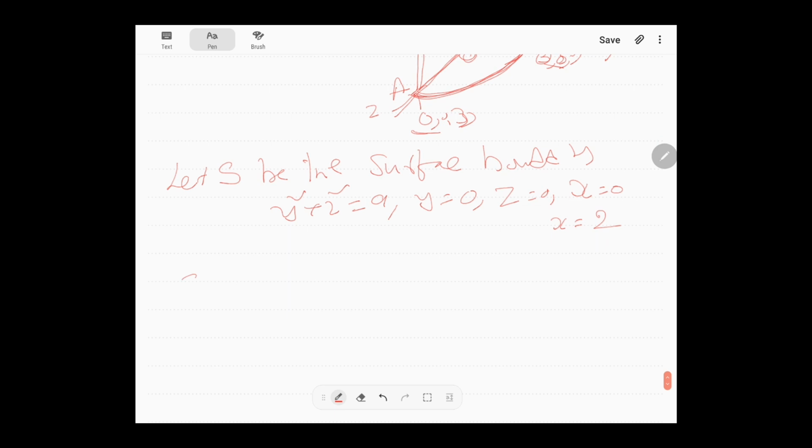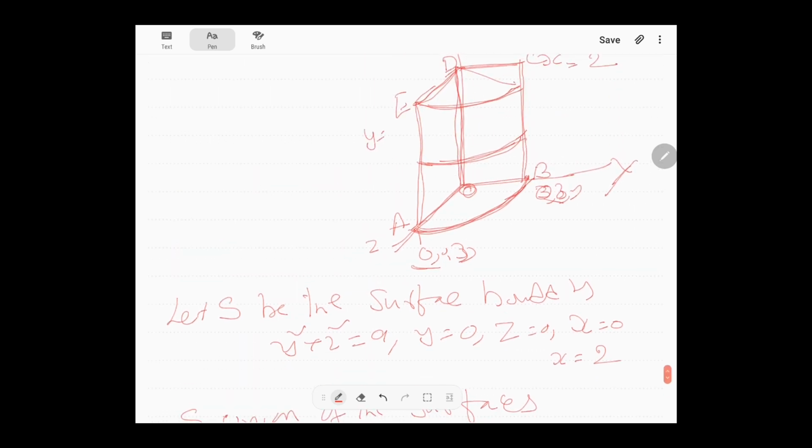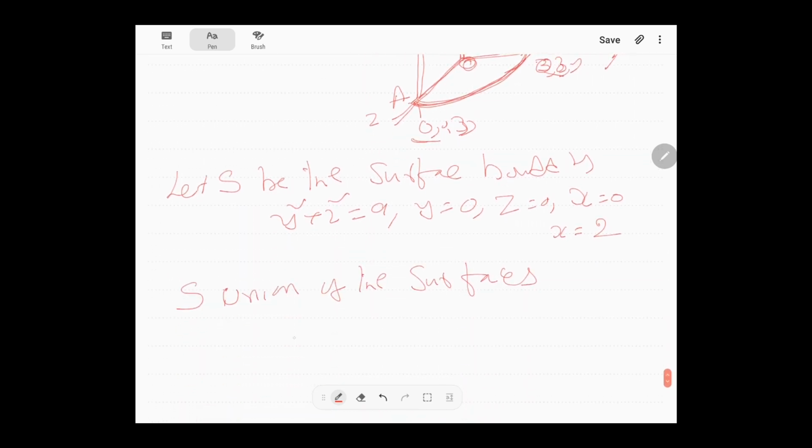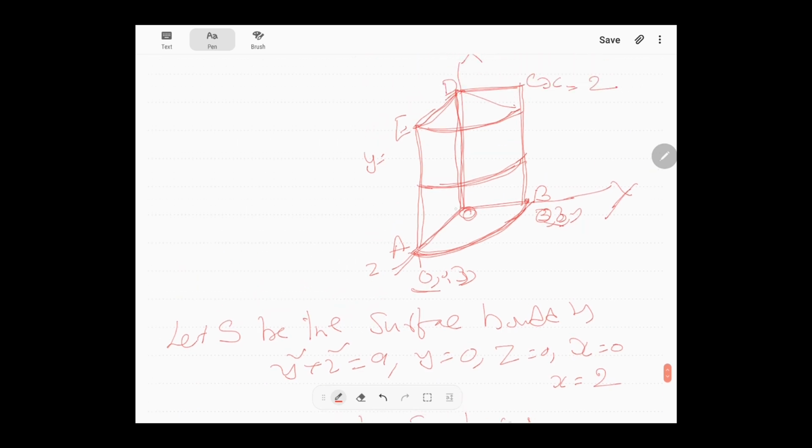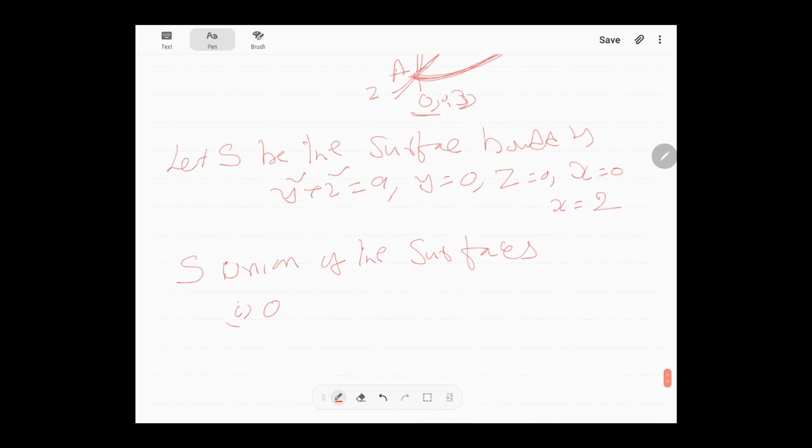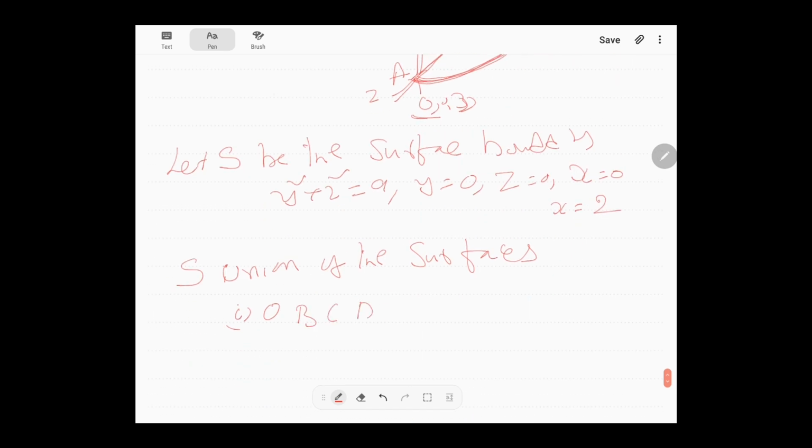Now that S is the union of the surfaces. One surface, the first one, I'll call it OBCD, which is a rectangle.